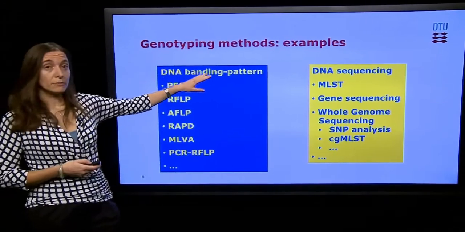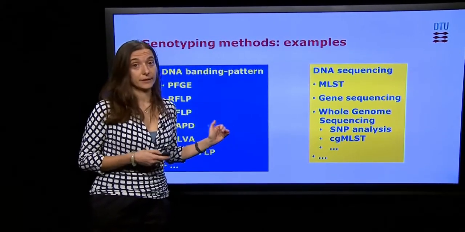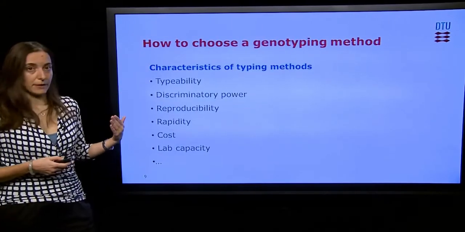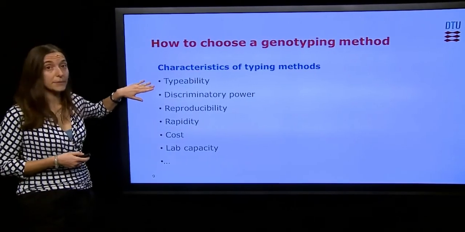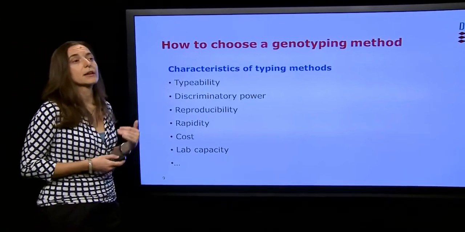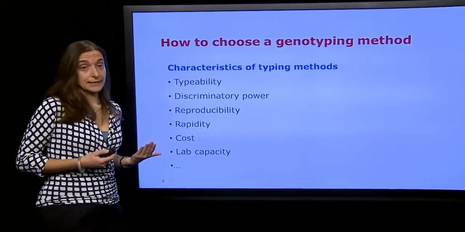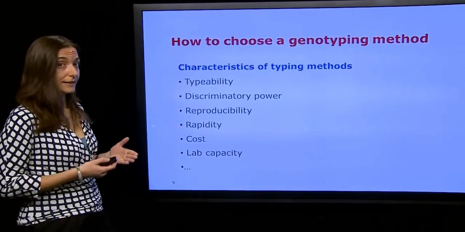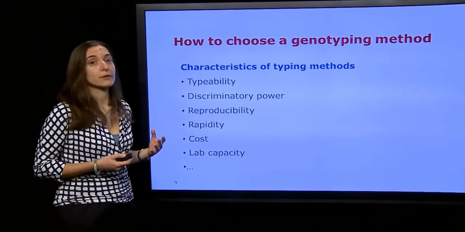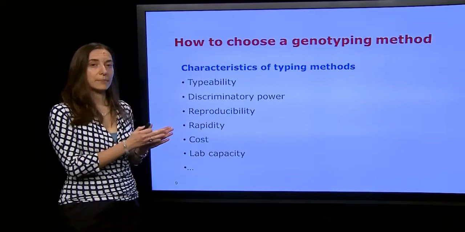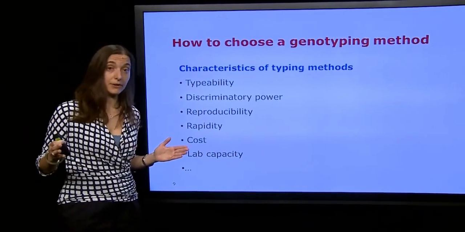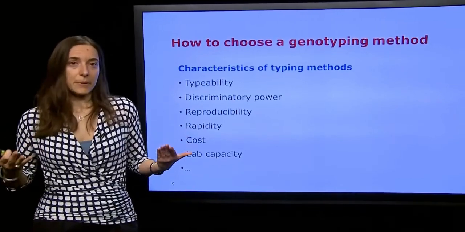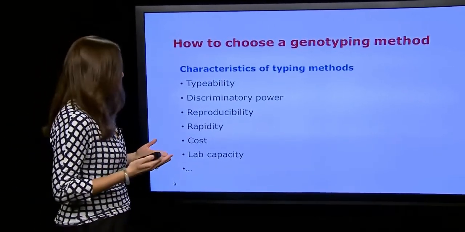These methods are based on two main principles, but they all have different characteristics. And how do we describe the characteristics of a typing method? First of all, we have the typeability. Typeability refers to the proportion of distinct strains in a bacterial population that can be assigned a type marker by that precise method. So if a method is able to type many strains in a bacterial population, then we will know that there is a good typeability of that method for that bacterial species.